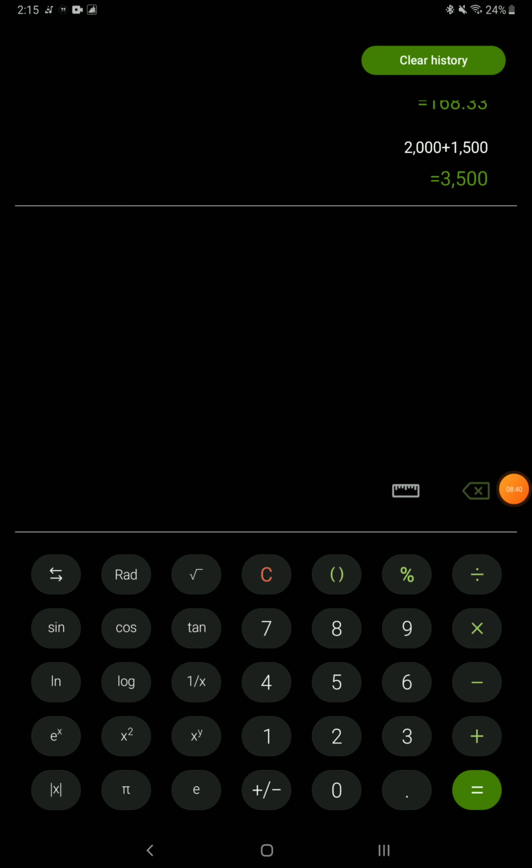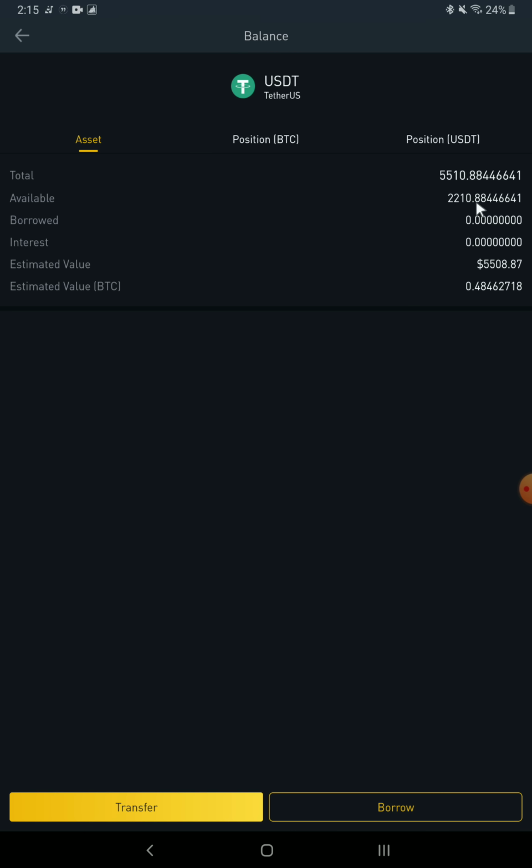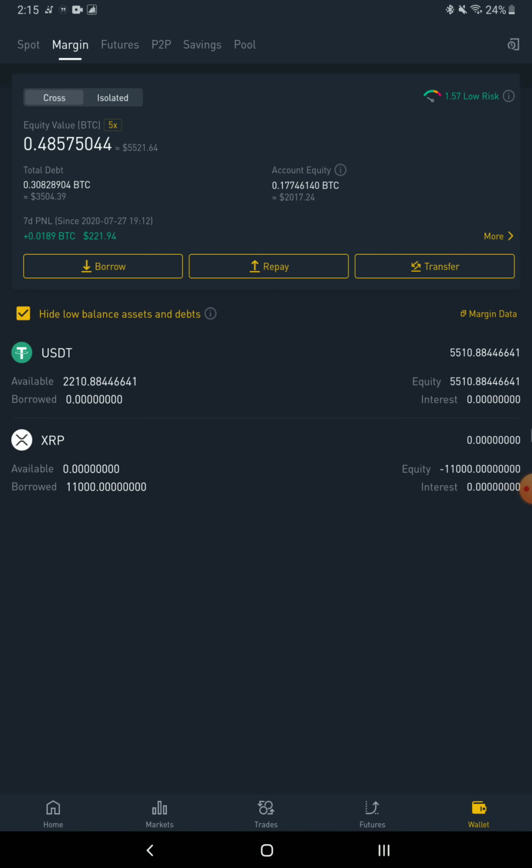So let's go over this one more time. We're taking this number right there. This is your total equity, which is calculated by the original balance that you had, plus the borrowed amount, whether you long or you short, and they're basically added up together. So that comes up with a number there.